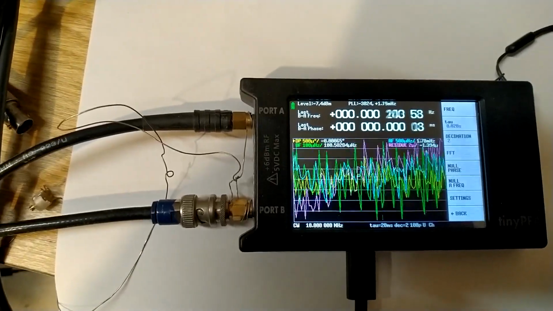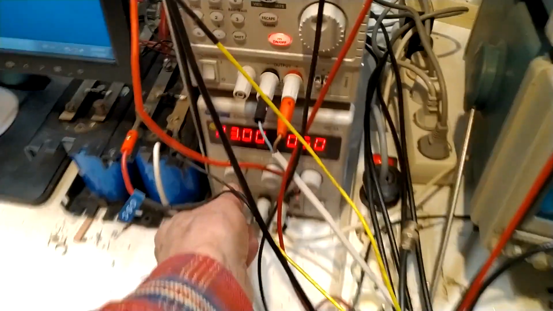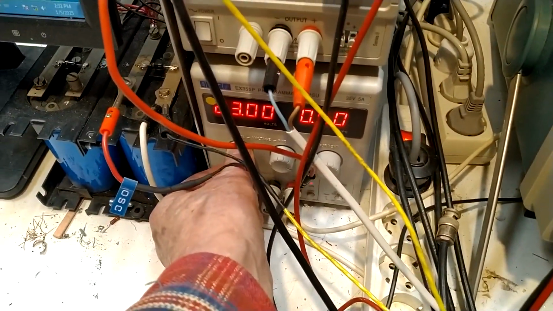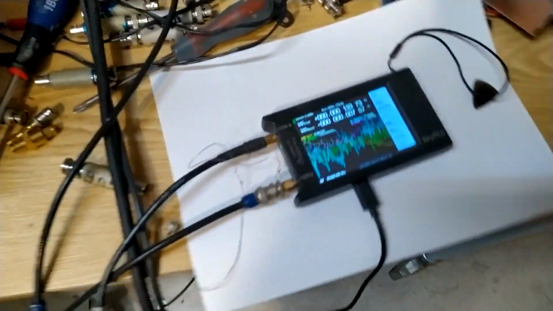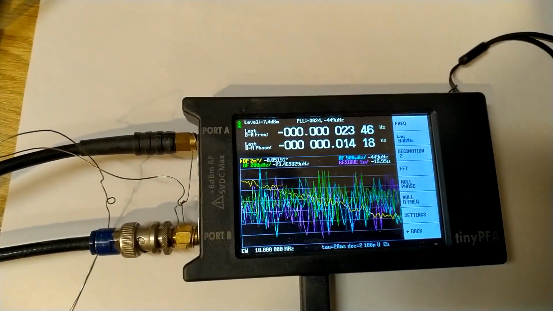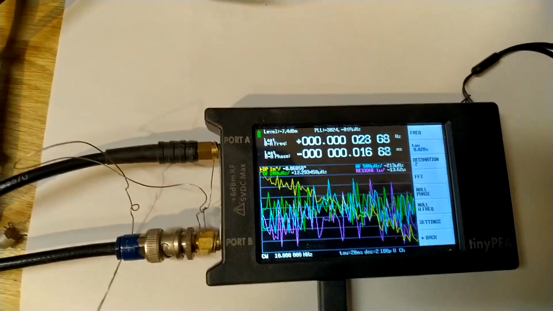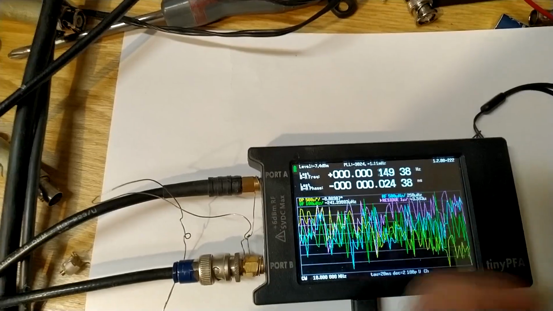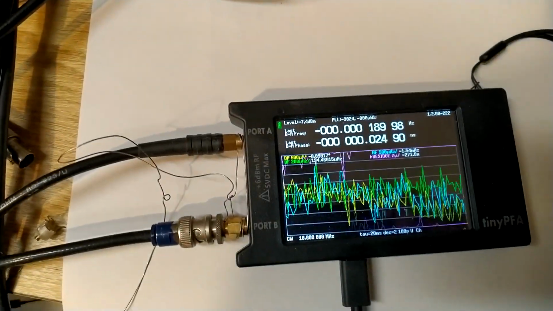I can change the supply voltage by 0.1 volt as I did before, and then it takes a little time until it stabilizes. Well, 24 picoseconds.